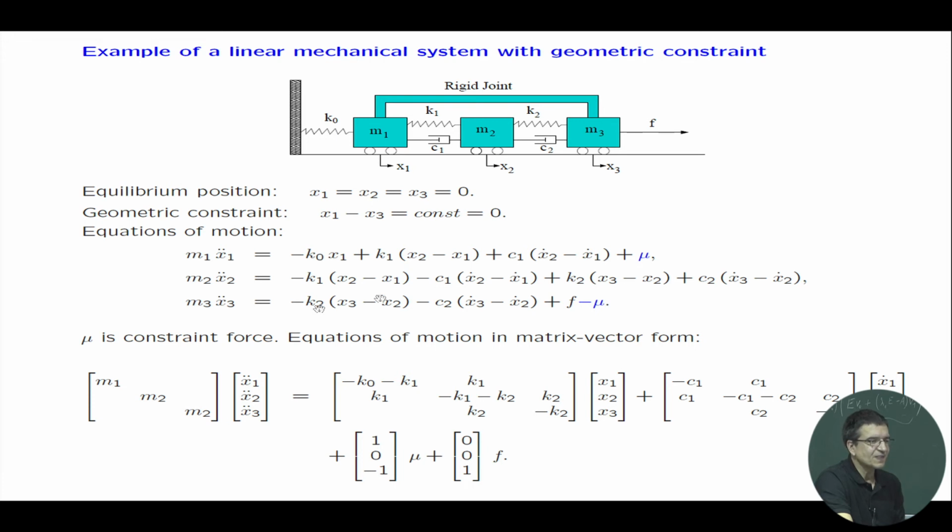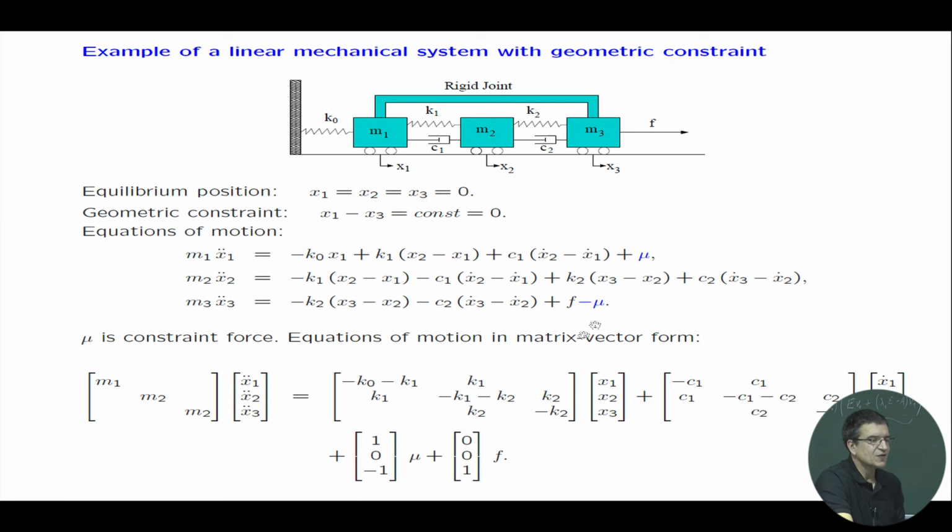And we have a constraint force, which is the force which acts on M3 and with opposite sign on M1, such that the algebraic constraint, namely that the distance of x1 and x3 is constant, is always satisfied. So there is a force coming from the joint. This force is unknown. It is here with factor mu, and the same force is acting here as minus mu.